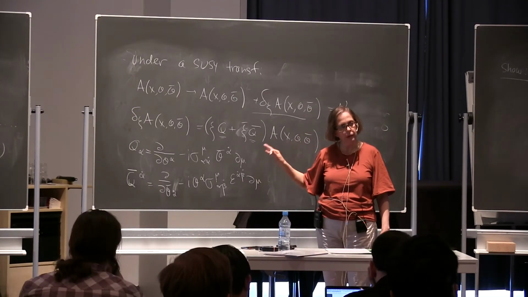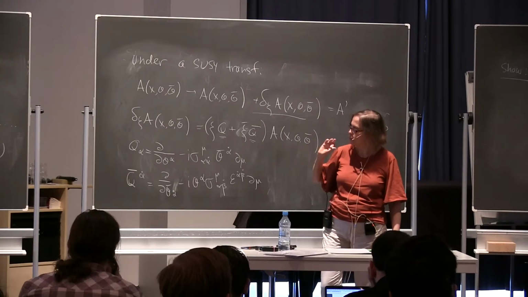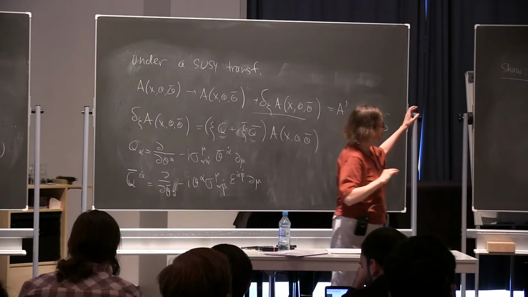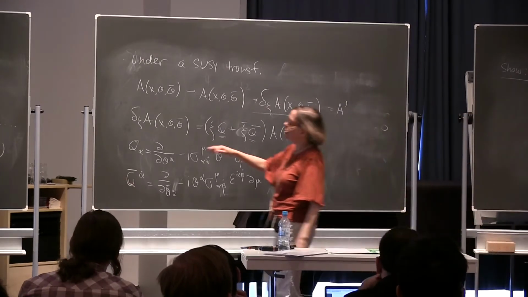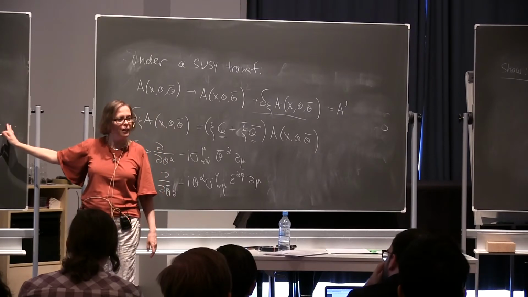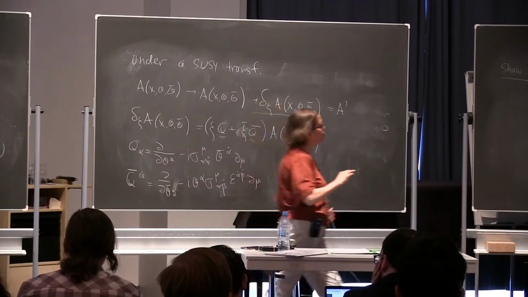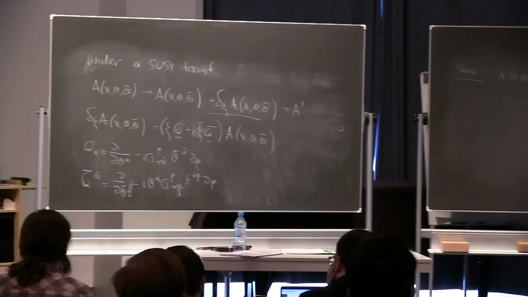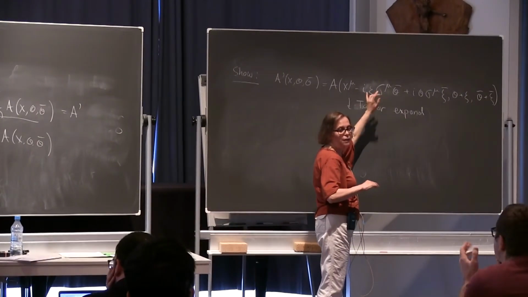But in order to show this, here's what I should do in order to check this. First of all, here's my original A. That's my expression for A. Now I can take the same expression, but substitute, instead of x mu, this thing here, and Taylor expand.